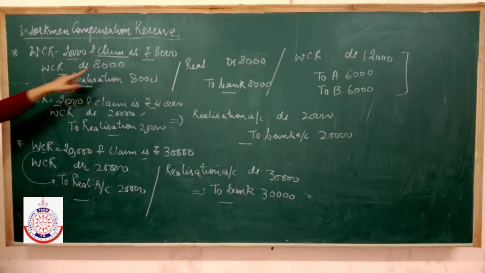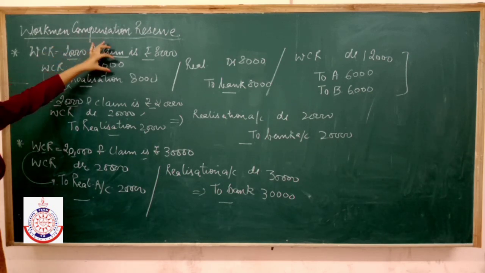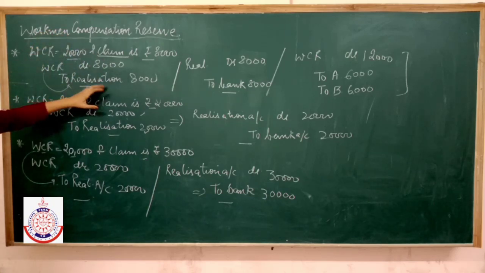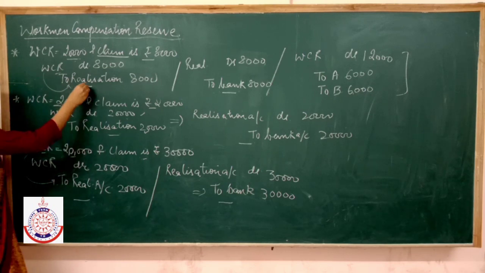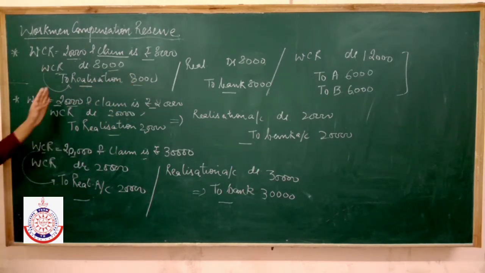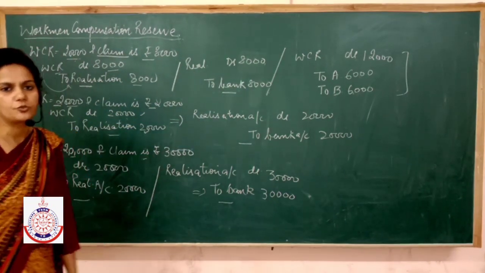In case your claim is less than your reserve, then first of all transfer the required amount of claim from WCR to realization. Entry would be WCR debited to realization 8,000 only, because here the claim is of 8,000 and the left over 12,000 will be given to the old partners in their old ratio.